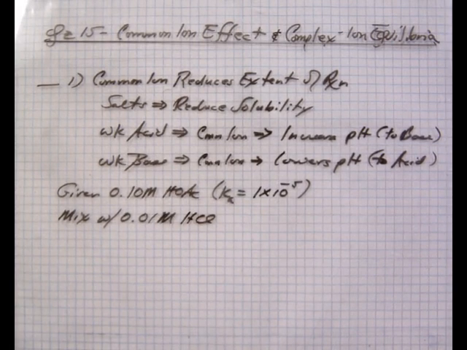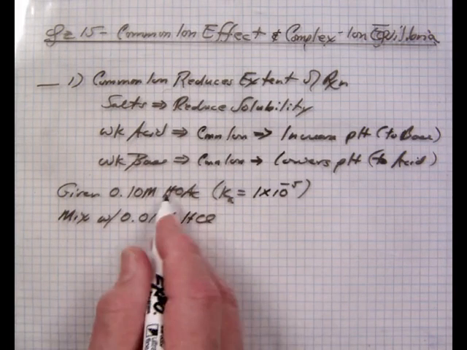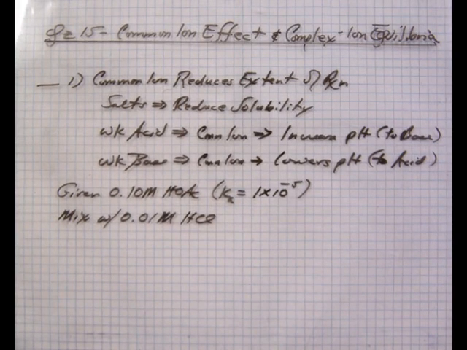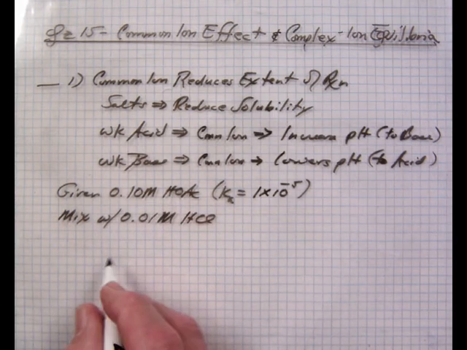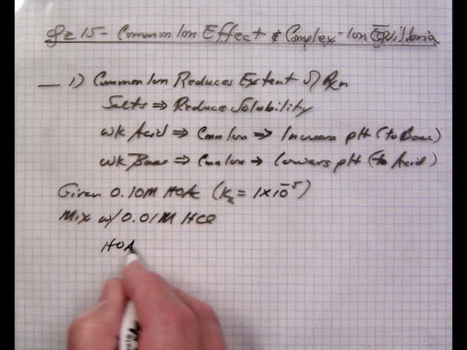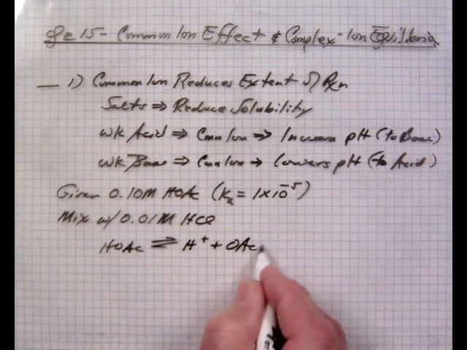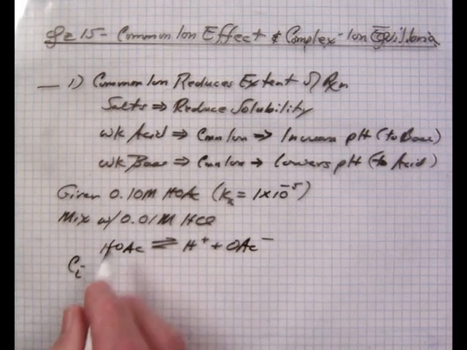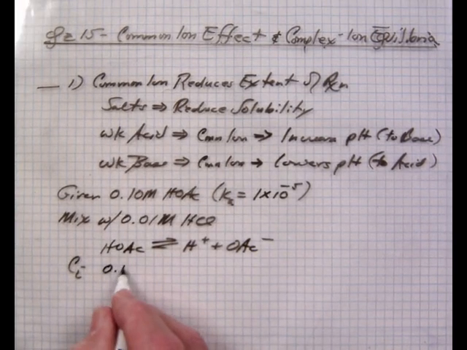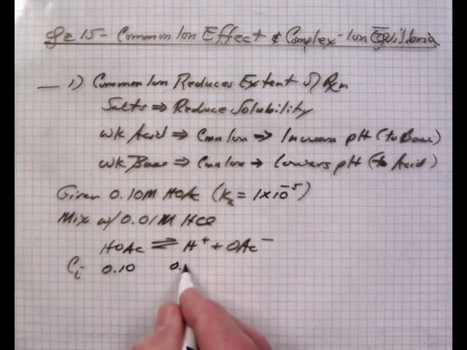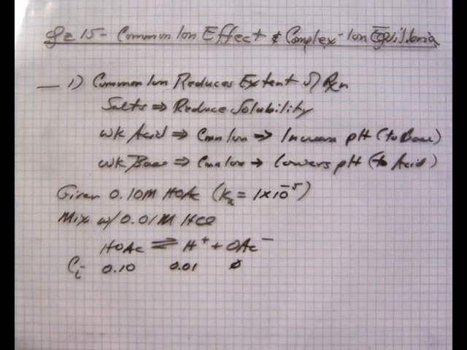And so you're providing 0.01 molar in extra hydrogens for the weak acid HOAc. So HOAc would be inhibited in its ionization by, initially, we're starting with a 0.10, but we already have a 0.01 in the solution. So everybody understand the problem?